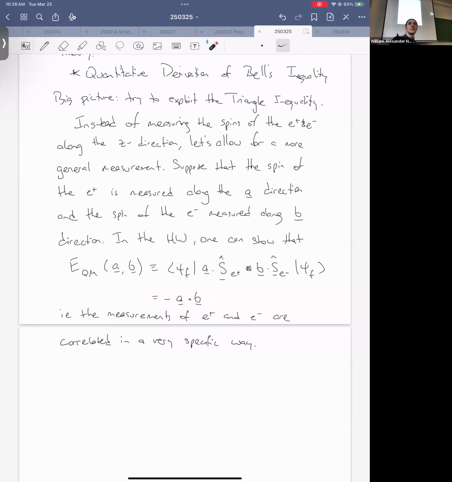Are A and B unit vectors? Yes. Maybe not necessarily, but then the expectation value of the spin can scale with the magnitude of the direction you choose. You're right.